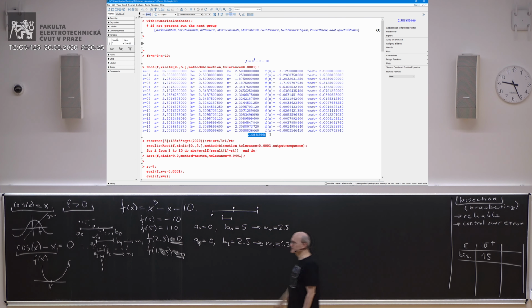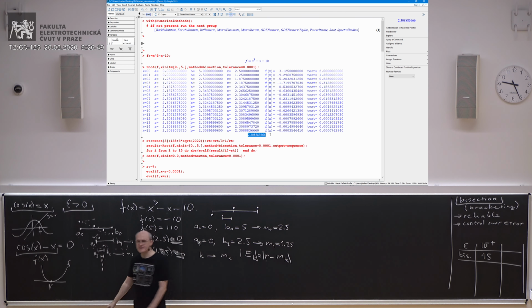Well, let's talk about error for a while. So let's say that we stopped at a certain stage. So there was the official outcome, m_k, and I'm asking, what is the error? Well, the error is just the difference between the actual root and our guess. And I will look at the absolute value. Now, where does the m_k come from?